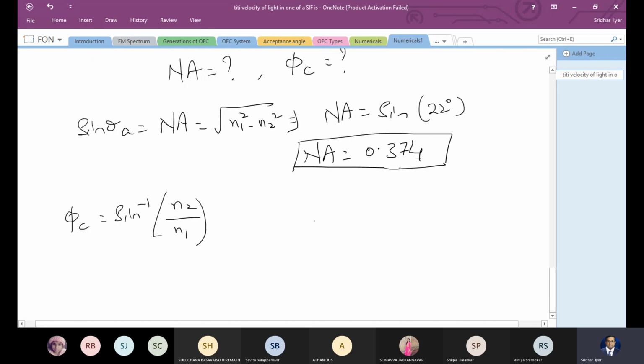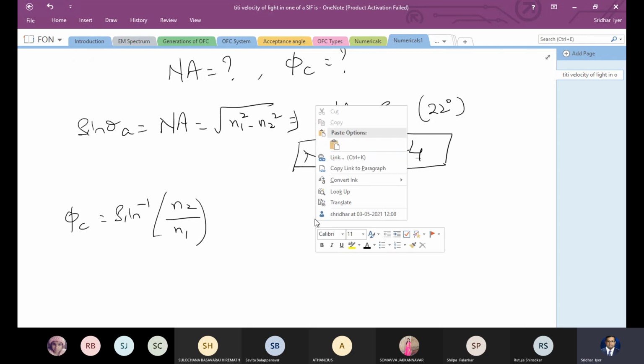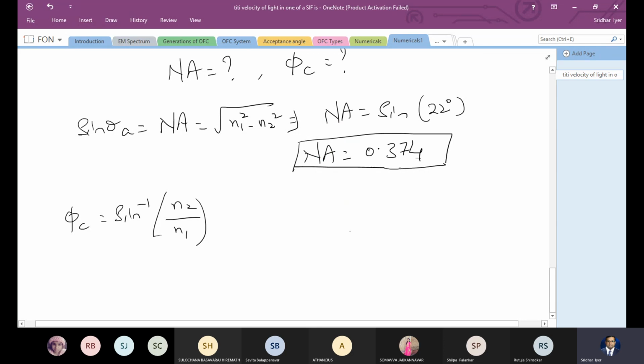To calculate n1, I'll be using the value of Na, which we have just calculated, and the delta value which is given to us. So we know that Na can be related to delta as n1 root 2 delta. So from here, n1 is Na divided by root of 2 delta.